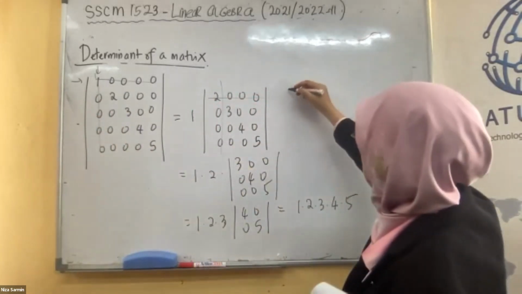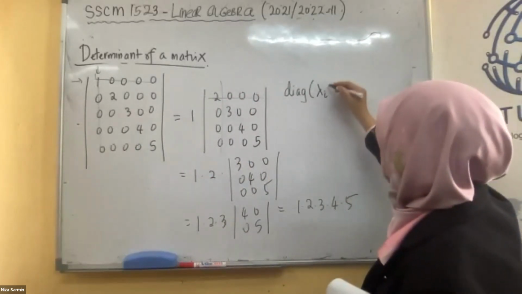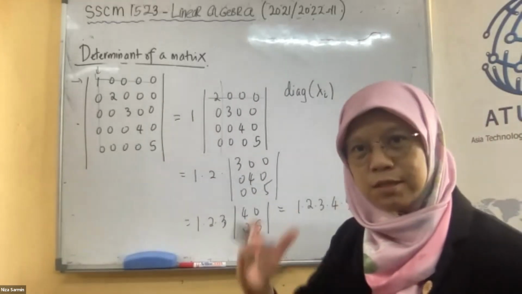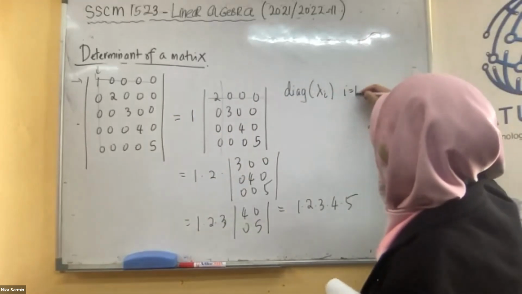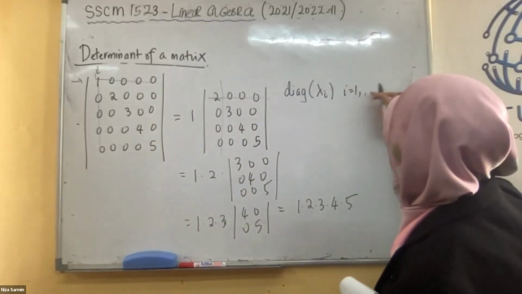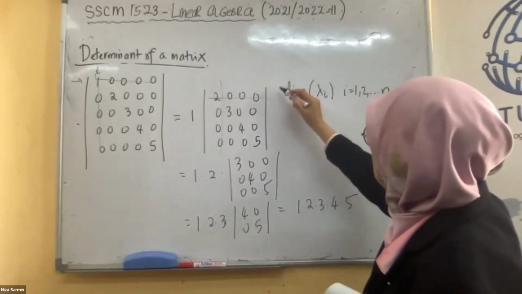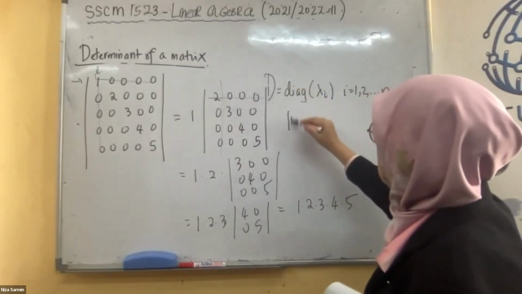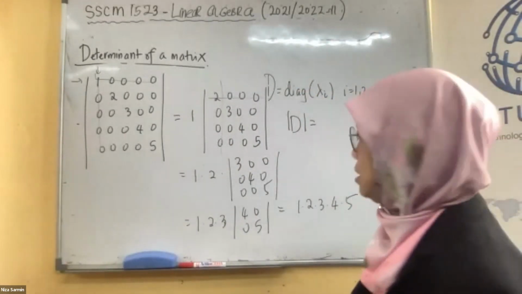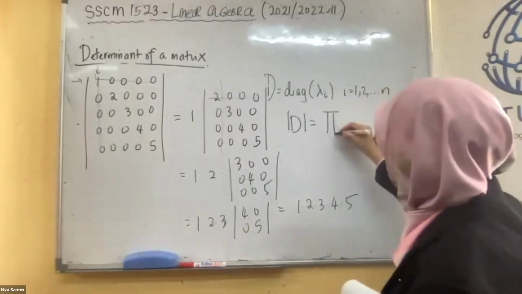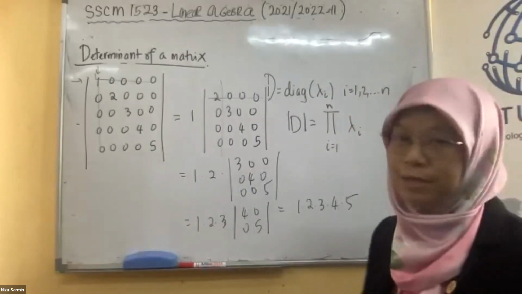So in other words, if you write the diagonal matrix D as the diagonal with diagonal entries lambda i, i from 1 to n, then the determinant of this matrix D is the product of lambda i from 1 to n.